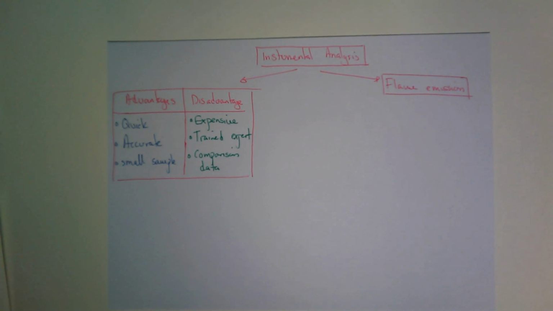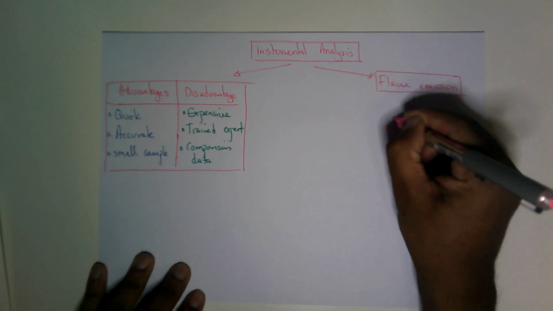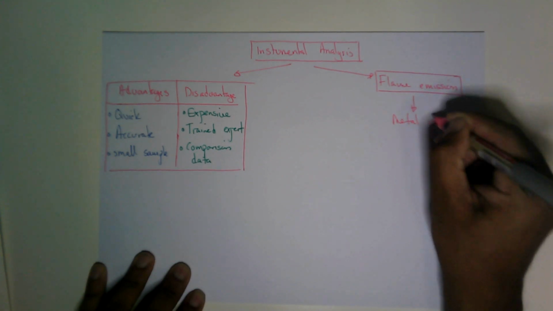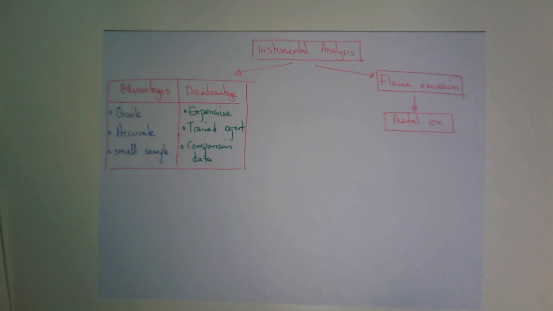Now, with flame emission spectroscopy, there's a lot of detail that happens that you don't actually need to know. But basically what happens is when you get a metal ion and you put it under flame, the electrons of this ion will get excited, and then it drops down, and as it drops down it releases energy. That energy is usually in the light spectrum, and that spectrum will produce its own pattern.